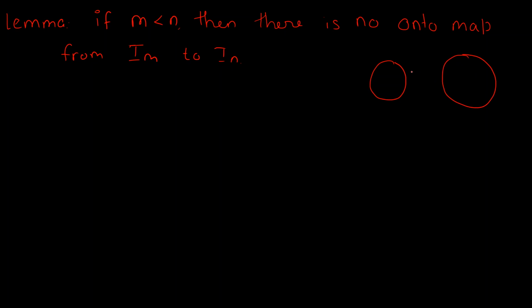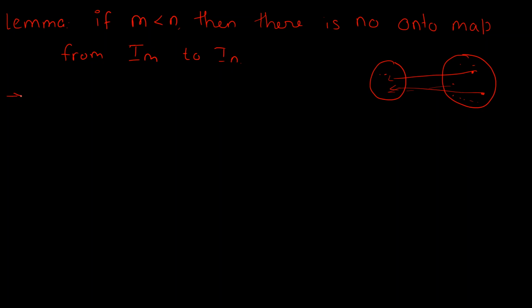For being onto, what should happen? For every element over here, there should exist some element over here. Yes or no? But see, if there are fewer elements here and more elements there, it will happen that for some of the elements over there, there won't be any element here. So obviously, it is not going to be onto.